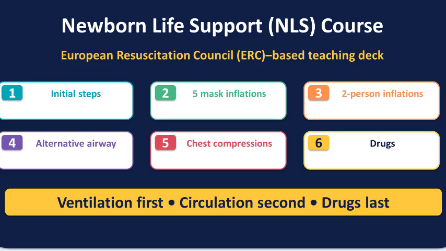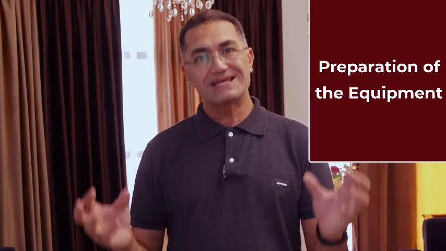Third, you will give 5 inflation breaths by the 2-person technique. Then 5 inflation breaths by alternative airway, LMA. Then you will do cardiac massage. Then the last stage, you will give medication. So this is actually 6 stages in the resuscitation of any newborn.